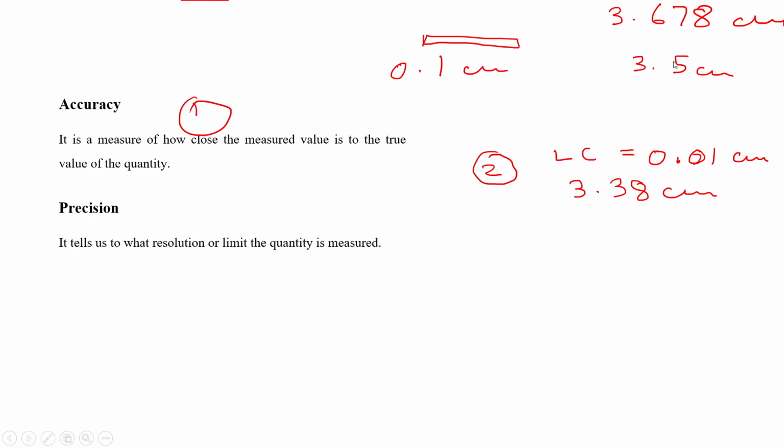That means the first measured value is more accurate because it's closer to the actual value. But the second value is less accurate, but it's more precise because its least count is smaller, meaning it has a higher resolution.